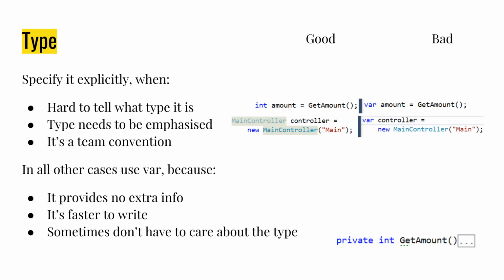So in this case, it's questionable, but maybe it's a team convention. Maybe someone wanted to emphasize that it's MainController, even though you can see that from the new MainController. Anyways, again, if your team doesn't use var, you shouldn't either. Stay consistent.